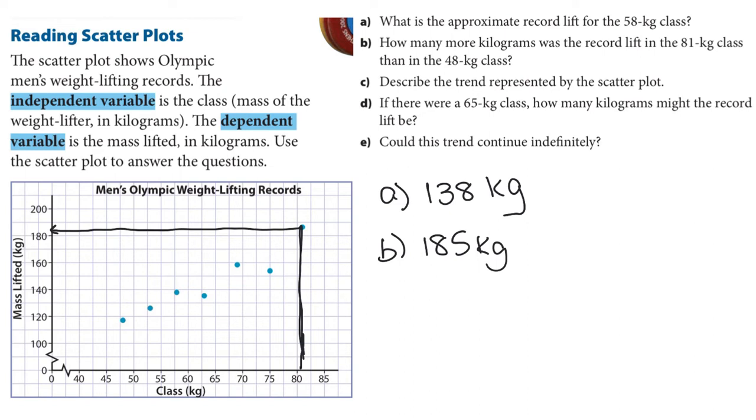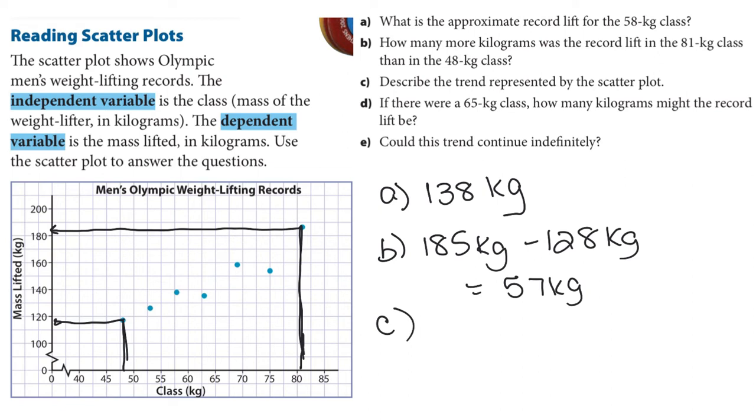Then if we look at the 48 class, 48 would be between 45 and 50, which would be right here, and that's just under 120. I might call that 128 kilograms. To find the difference, we subtract those, and the difference would be about 57 kilograms.